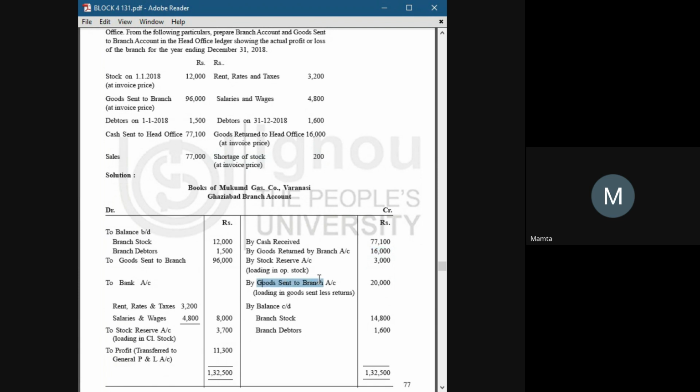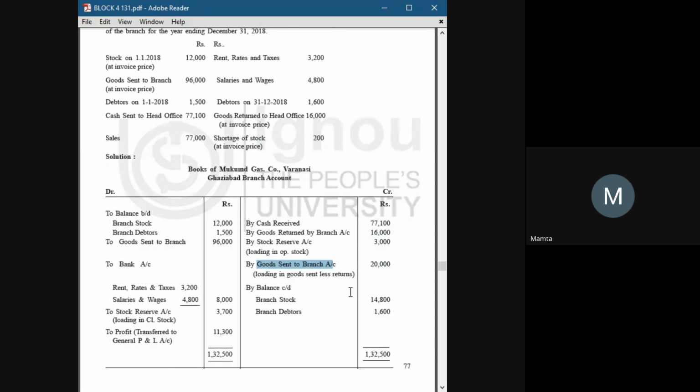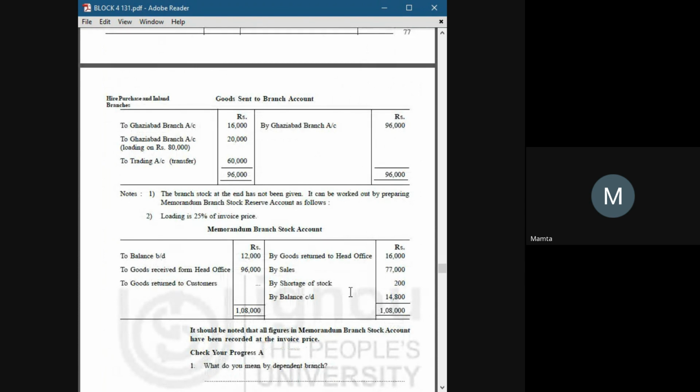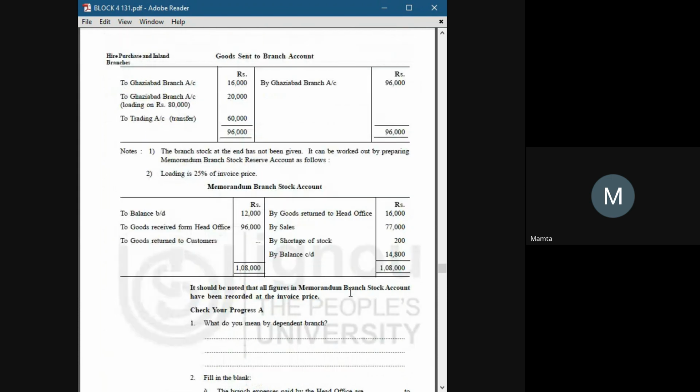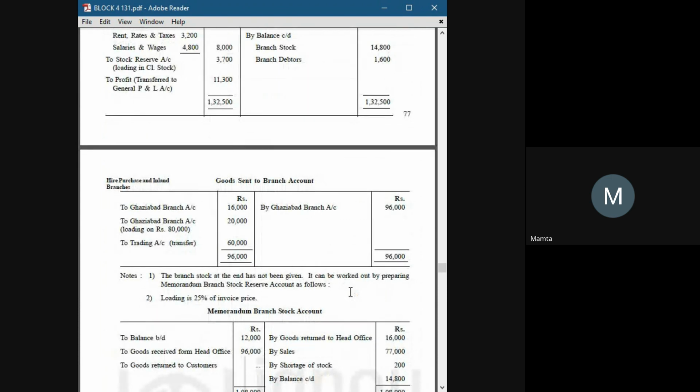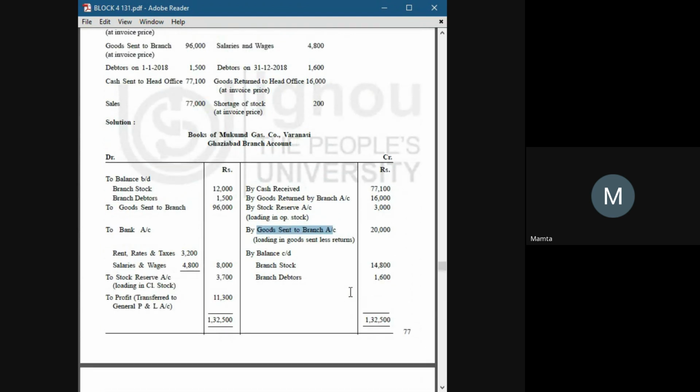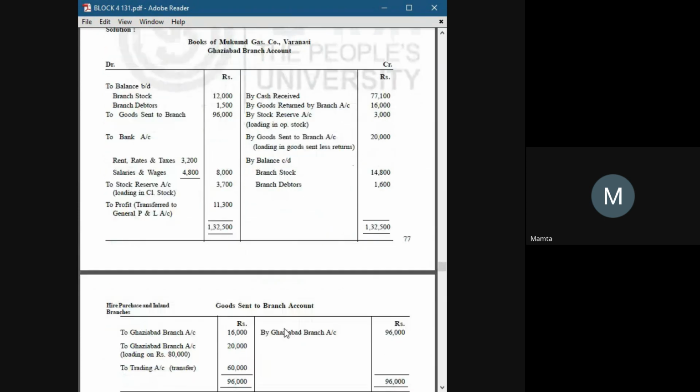By goods sent to the branch account, loading in goods sent less returns, 20,000. We have taken it from the data. Let me show you where it is.